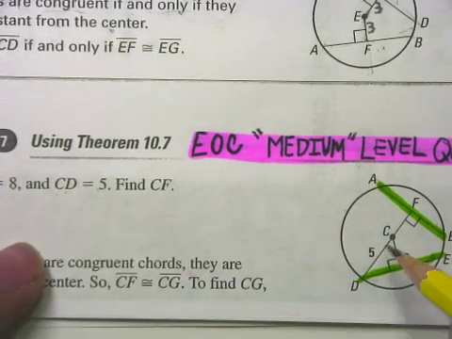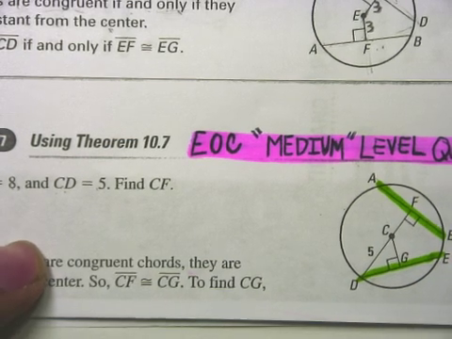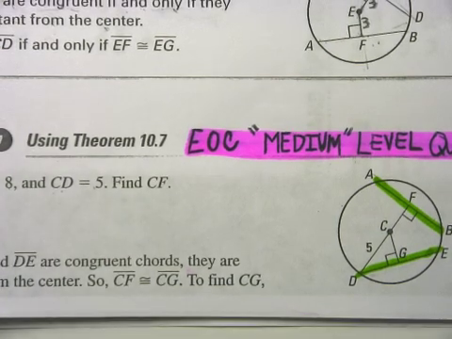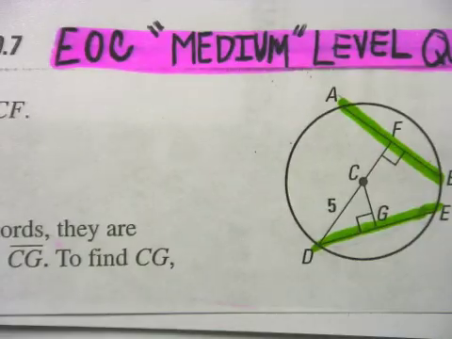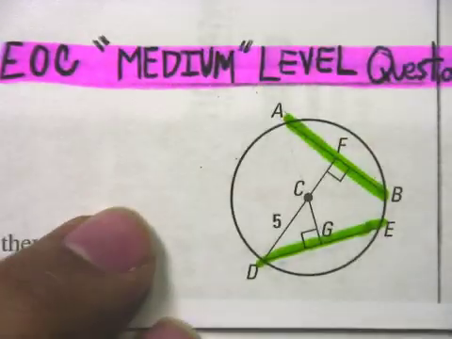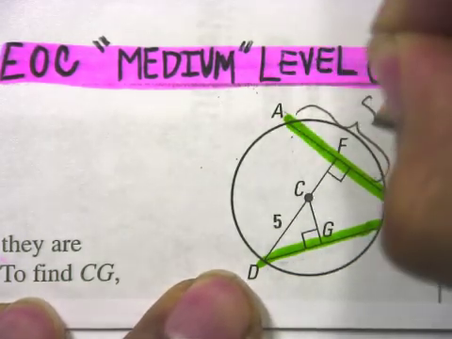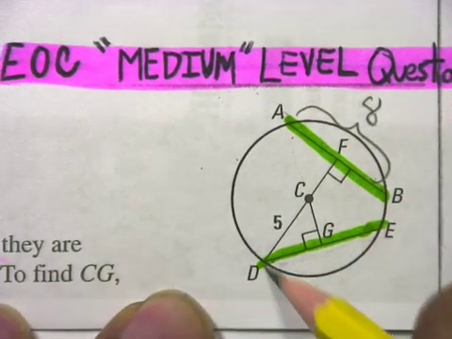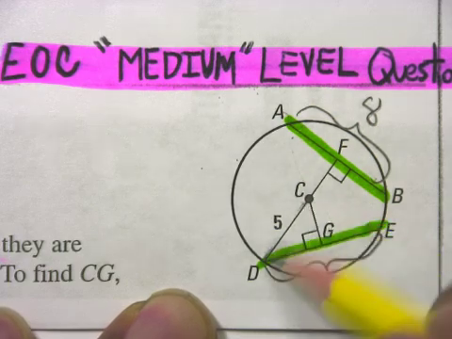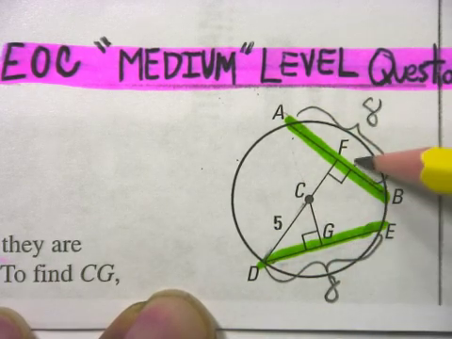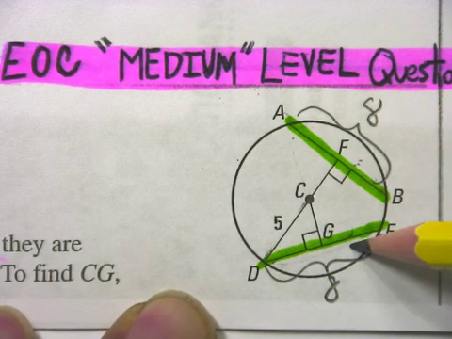If both of these are congruent, then I know that they are the same distance from the center of the circle. They also tell me that CD is equal to 5. From C to D, this is also equal to 5. And they want us to find C to F. I know for a fact that from A to B, this is 8, and from D to E, this is also 8 units.